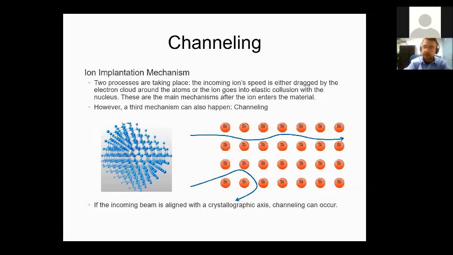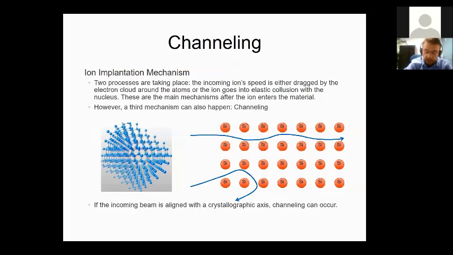But that is still not good enough, because you can end up with these kinds of scenarios when you shoot your ion into your crystal. If you look at the crystal from a certain angle, you might just see through the whole crystal. You don't see any silicon atoms across. So this ion can just penetrate through, whereas this ion, with a slightly different incident angle, let's say theta, will bounce back.